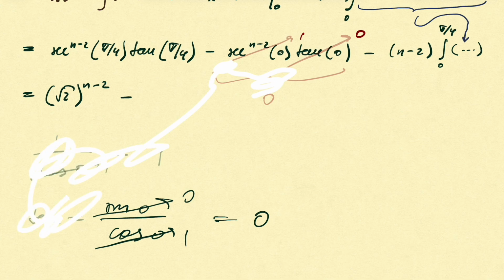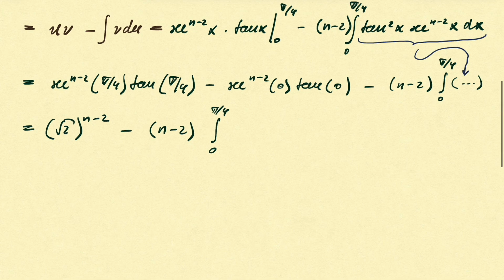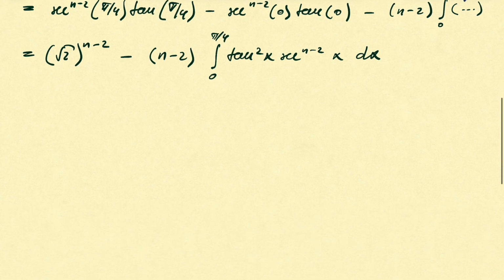Now we can move on to our integral, right? We have n minus 2 times the integral from 0 to pi over 4. I'll rewrite this expression: tangent square x secant to the n minus 2 of x dx. What can we do here? We can express tangent square x in terms of secant x.